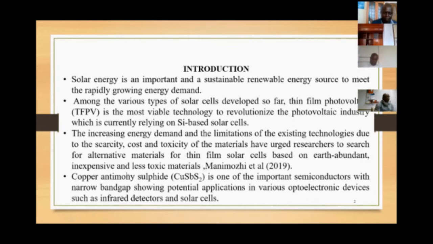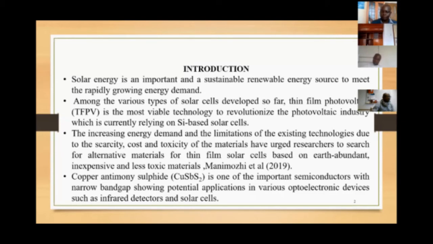We are looking for a material with less toxicity, low cost of production, and that is readily available. Therefore, copper antimony sulfide is an important semiconductor with a narrow band gap, showing potential for application in various optoelectronic devices such as infrared detectors and solar cells.